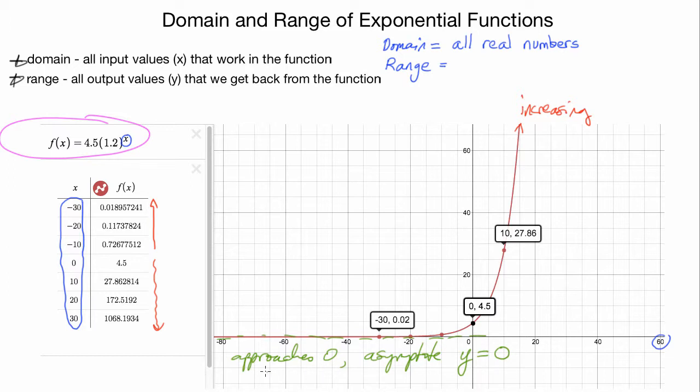It's going to get very close to 0, but never reach 0 and never go below 0. So my range is all real numbers greater than 0. It can't equal 0 and it can't be less than 0, but it could be anything that's a positive number. I could also say all positive real numbers. That would be another way to describe the range.